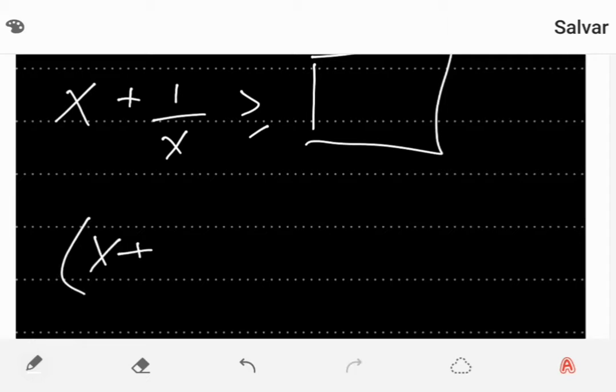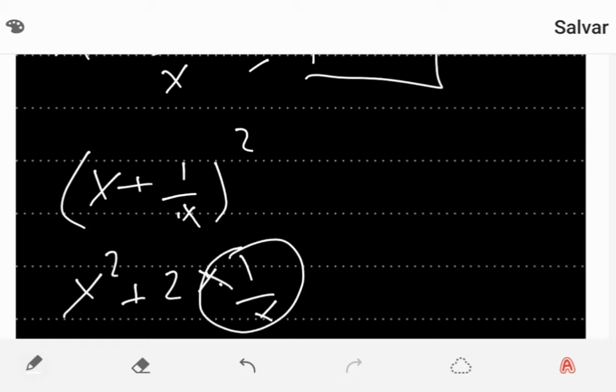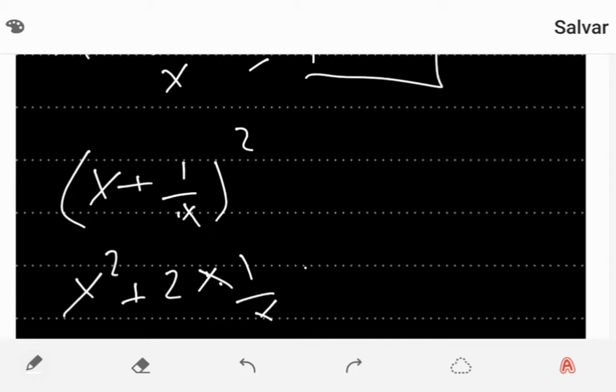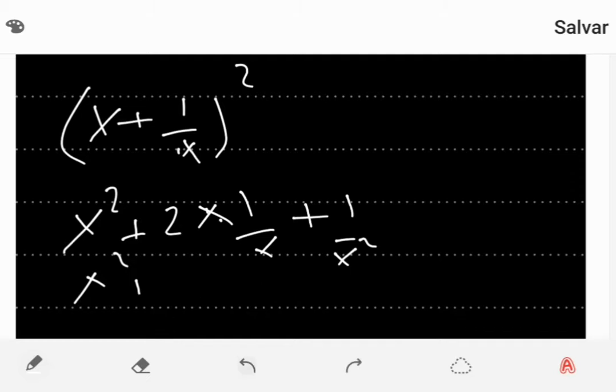Because x plus 1 divided by x squared, you will end up with x squared plus 2 multiplied by the first multiplied by the second, and here you will end up dividing this by this, so you will end up having only 2, right? Plus 1 divided by x squared. So you'll end up having x squared plus, we already did that, remember? So this is always a good idea to do when we have this.